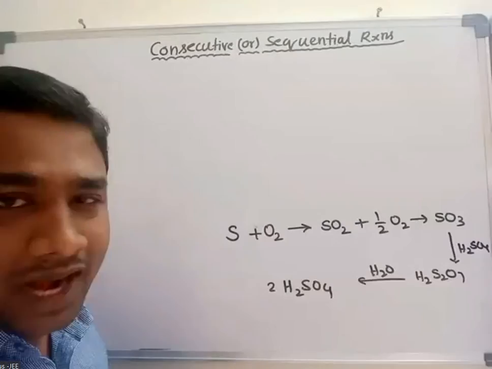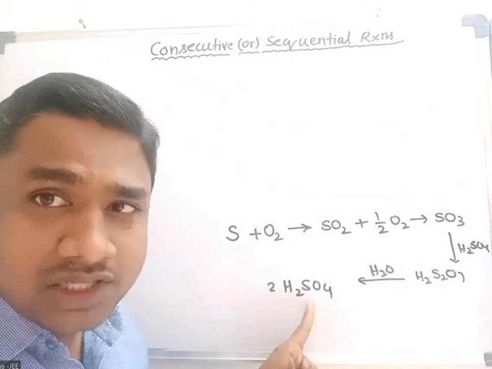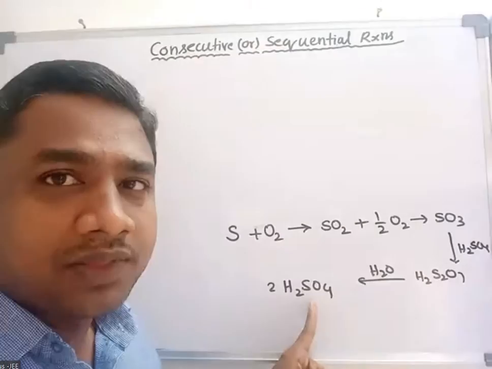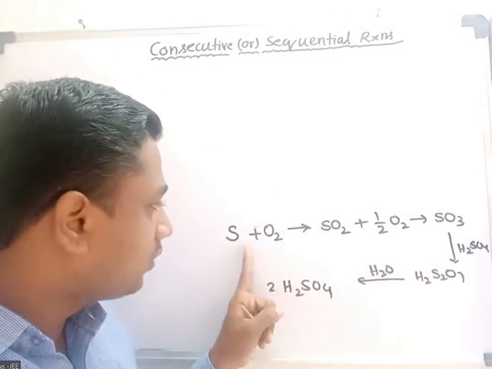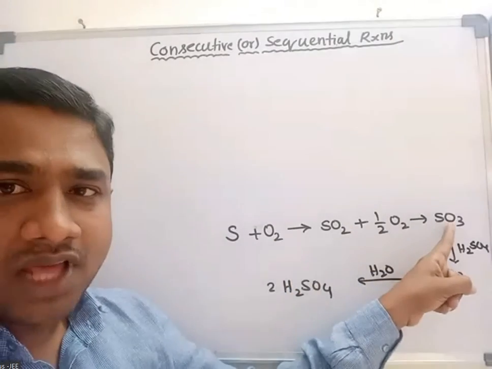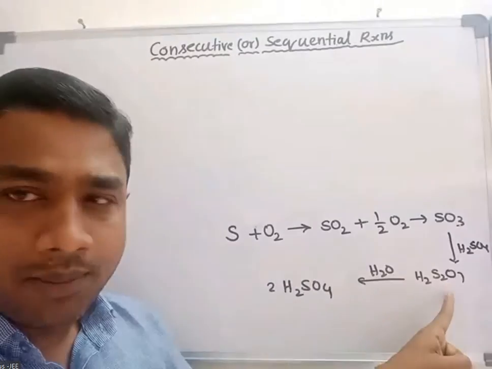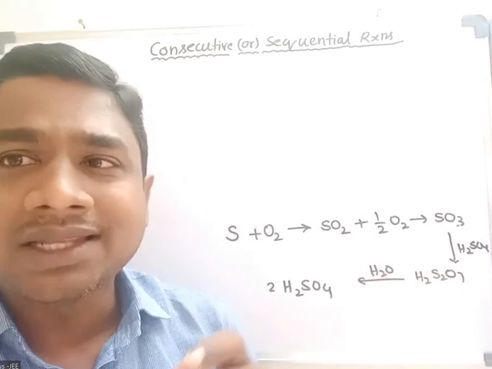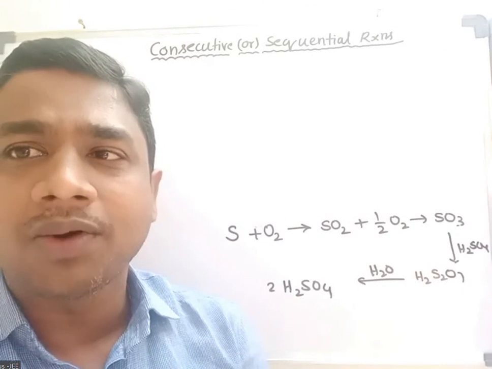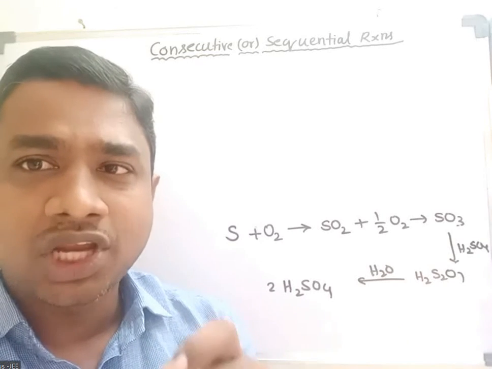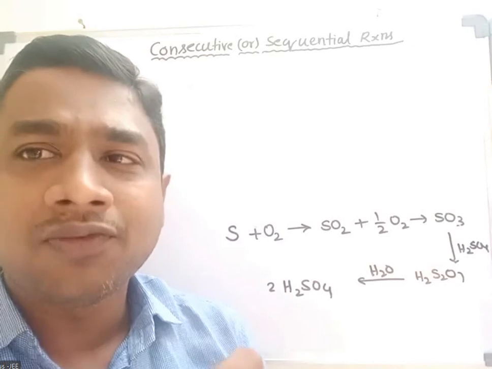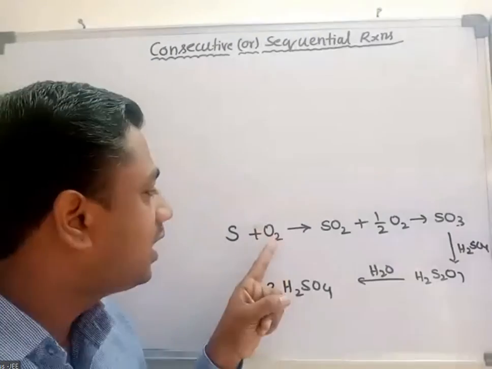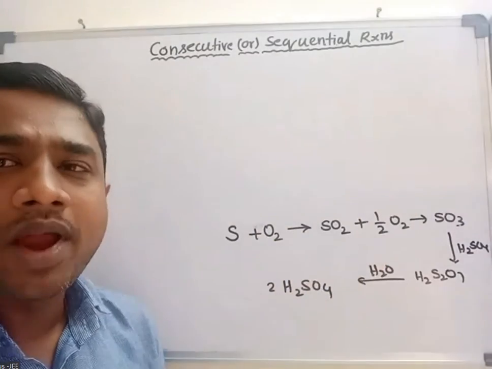Conversion of sulfur into H2SO4 is not involved in a single step: sulfur to sulfur dioxide, sulfur dioxide to sulfur trioxide, sulfur trioxide to oleum, oleum to sulfuric acid. These types of reactions are called consecutive or sequential reactions. Those reactions in which the product is formed in different steps from reactant to product through intermediate steps are called consecutive or sequential reactions.